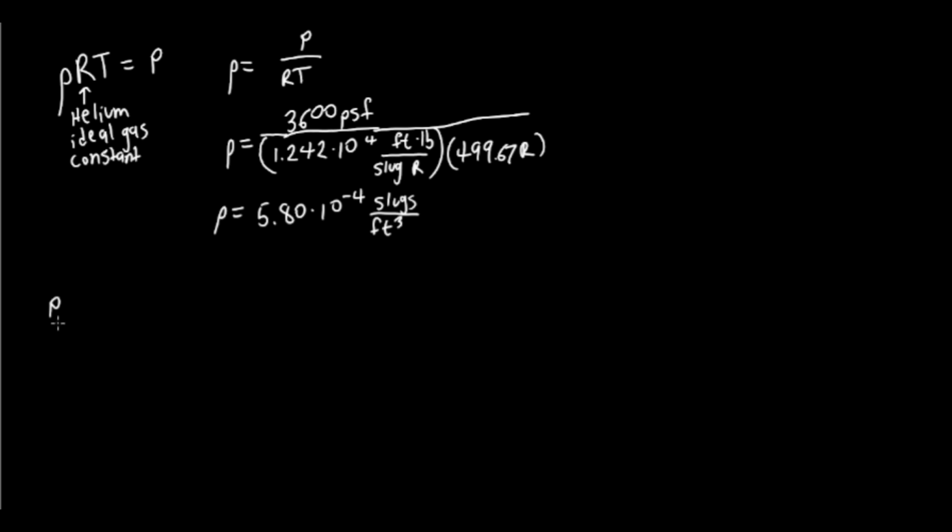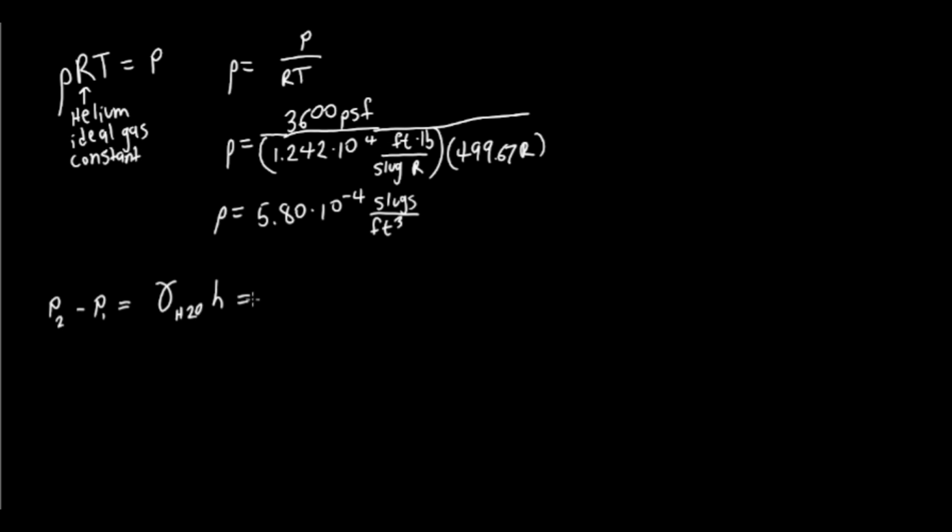So P2 minus P1 is equal to, again, the head of 20 inches in water. So this is going to be H2O because that is our manometer fluid. And we're not resolving the density or the specific gravity of helium in there because it's just so insignificant.